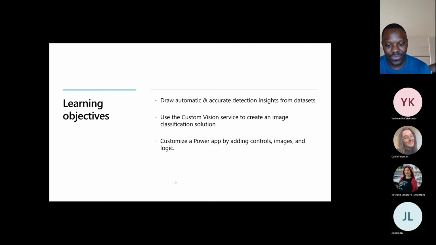And we'll use the Custom Vision service from Azure to create an image classification solution, and then customize the Power Apps. Power Apps has different components, which are your controls, images, and logic, and logic is certain formulas which you can implement. They're simpler than coding, similar actually to how you'd implement it in Excel, which we can see how we can do. And that will be a key takeaway from this session as well.